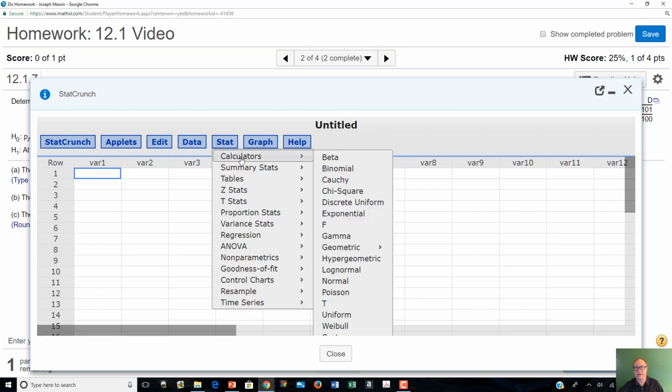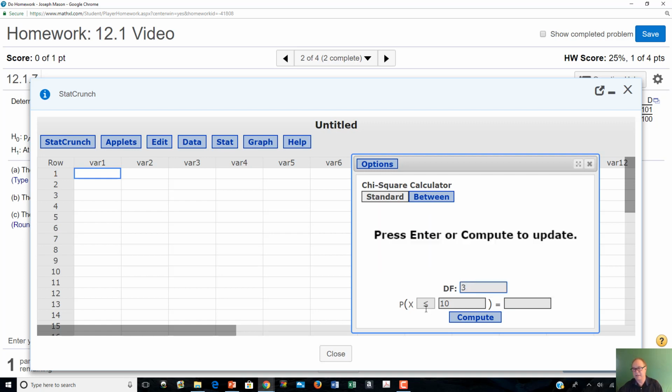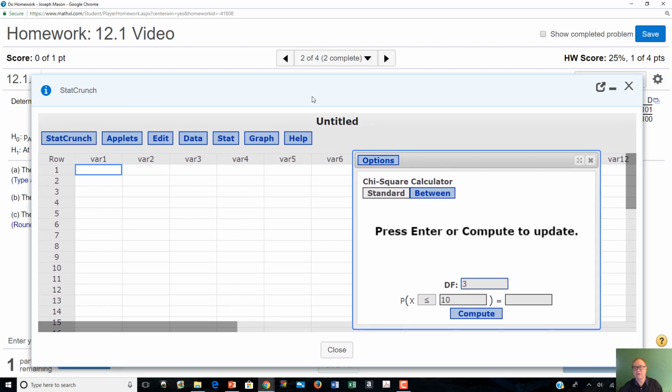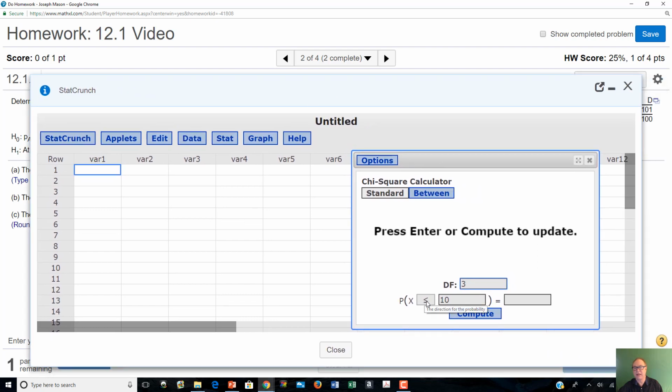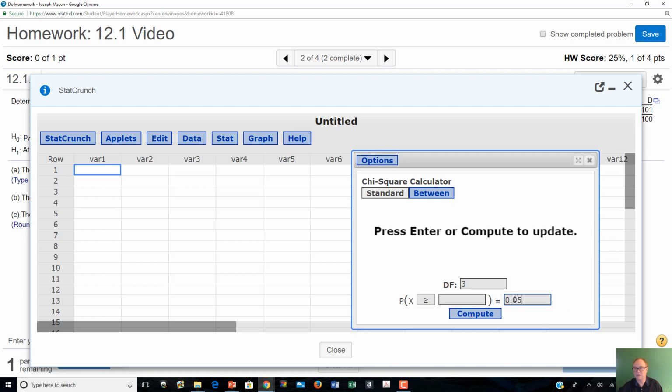Under stat calculators, we'll go down to the chi-square calculator. Okay. Now, degrees of freedom for our problem was 3. So I'm going to put degrees of freedom in 3. Now, in this case, we're going to say greater than or equal, and the area is the alpha, which is 0.05.